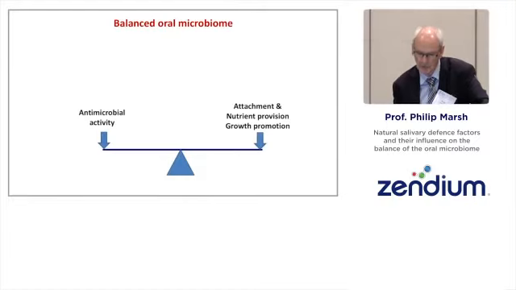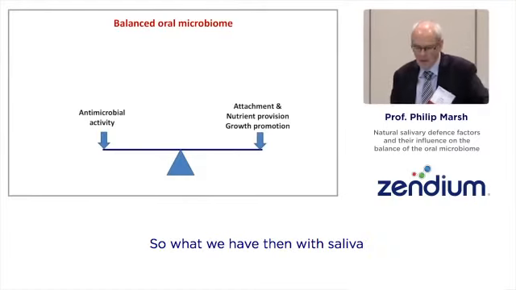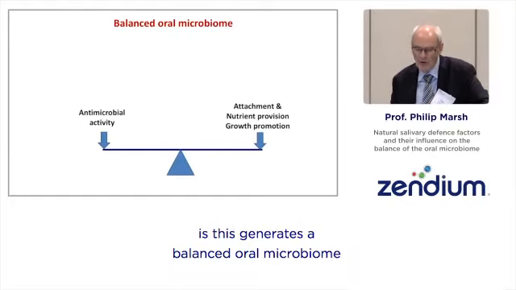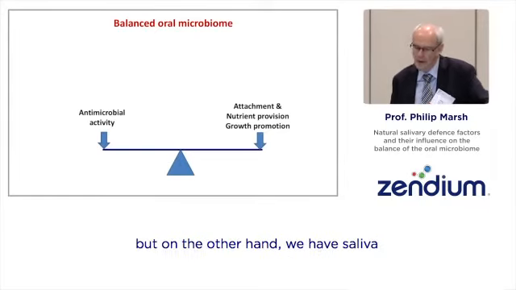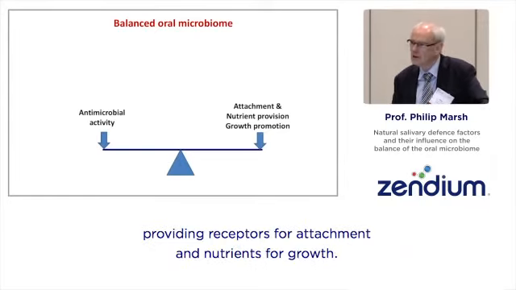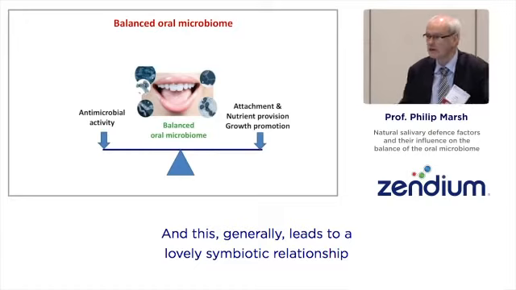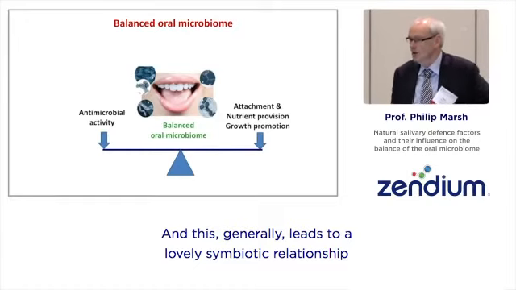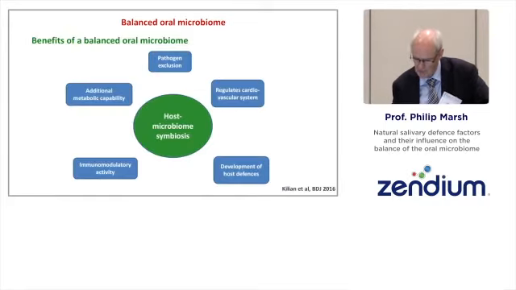What we have then with saliva is this generates a balanced oral microbiome, where on the one hand we have antimicrobial activity, but on the other hand we have saliva providing receptors for attachment and nutrients for growth. And this generally leads to a lovely symbiotic relationship between us and our microorganisms.